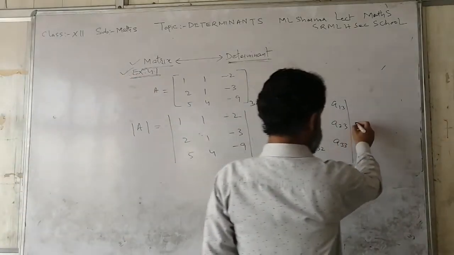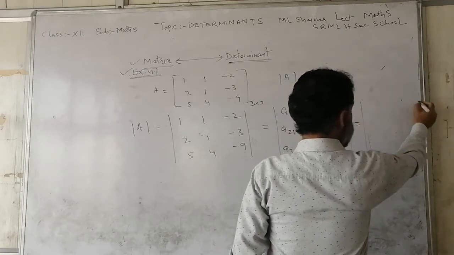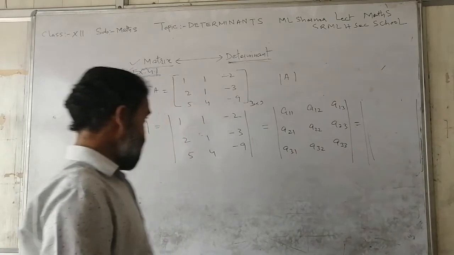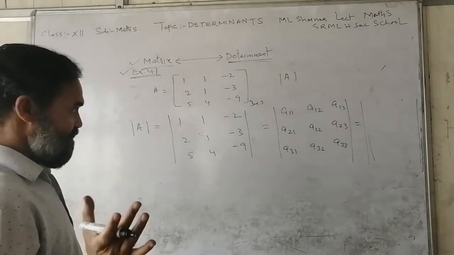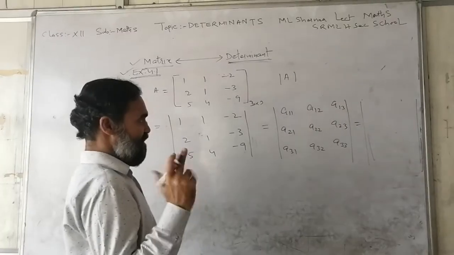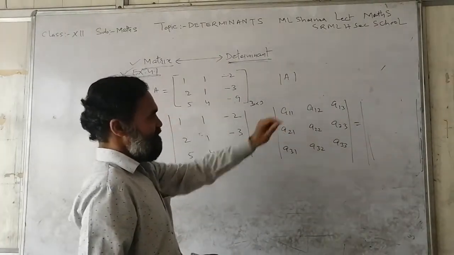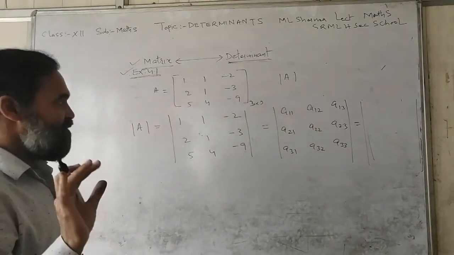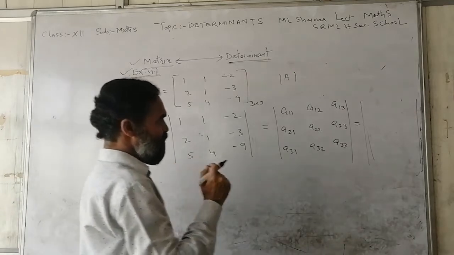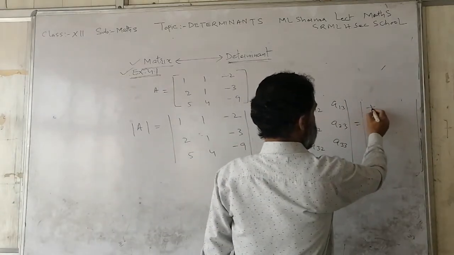So far as the signs are concerned, while expanding a determinant, we make use of signs. Sometimes we use positive sign, sometimes we use negative sign. So here, for this element, 1 and 1, if I add, I will get 2. So 2 is an even number. When this is an even number, I use positive sign here.